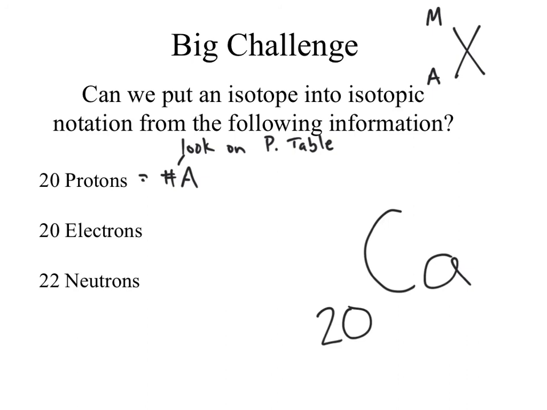Now we got to figure out what the mass number is. Well, the mass number, that's not that bad to figure out. Mass number is the number of protons plus the number of neutrons. We see that that is 20 plus 22. So my mass number is what? 42. So we just go ahead and write that down there. So we could even work backwards if we wanted to.